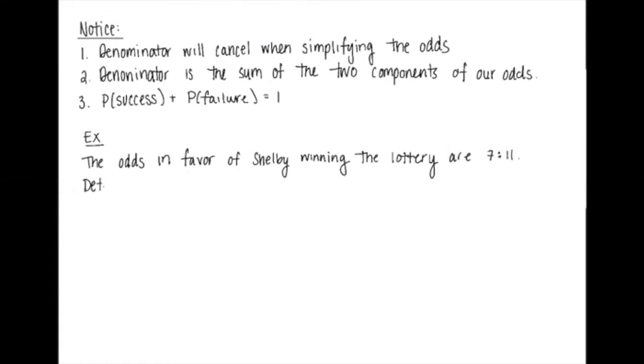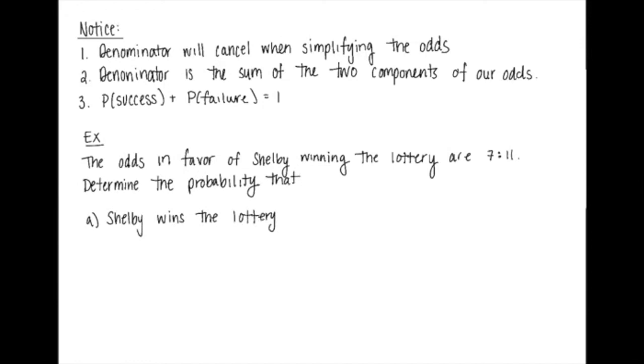So we want to determine the probability that first Shelby wins the lottery. Okay. And then we're going to look at her probability she doesn't. But dissecting this 7 to 11, that's representing 7 over 11.